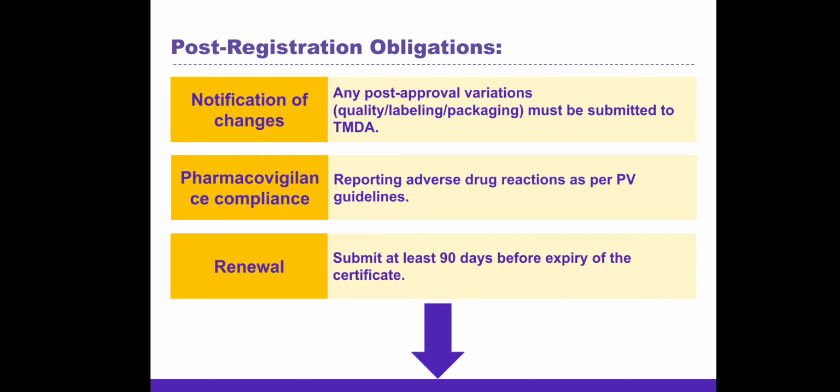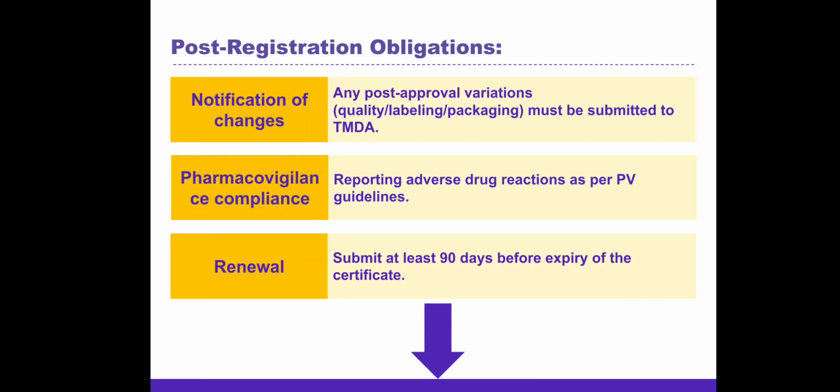After the product registration, the post registration obligation stage will come. Suppose if we are doing any change in the process or in method, or we are changing the quality, we are changing the labeling, or we are changing the packaging, we should file the variation and it will be notified to TMDA.